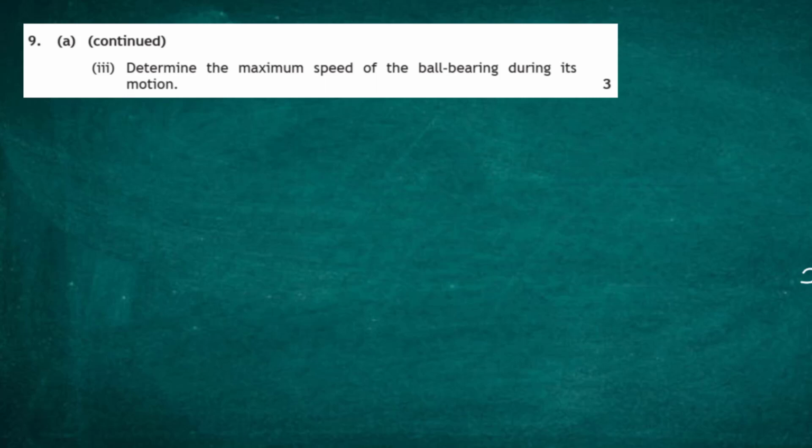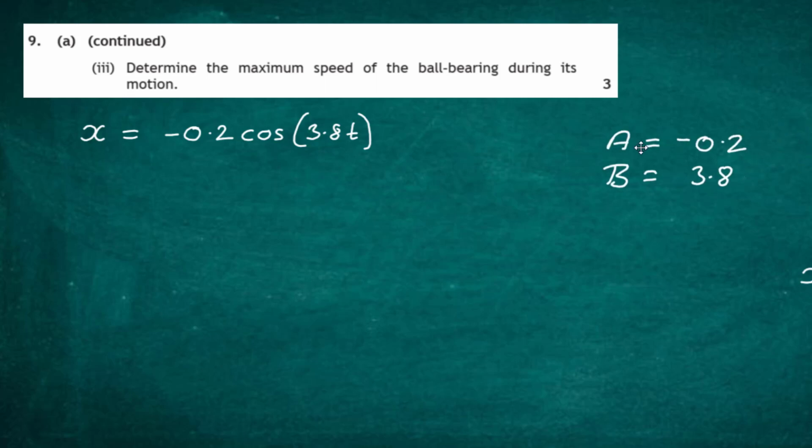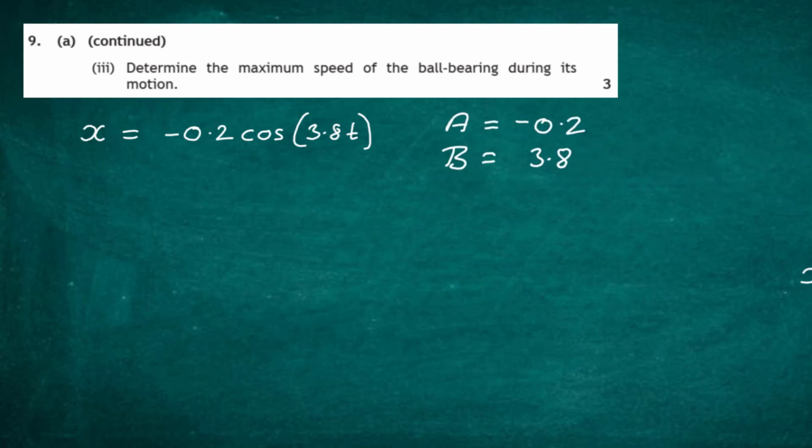Question 9a continued. Determine the maximum speed of the ball bearing during its motion. This is for 3 marks. Now we already have this equation here, where the displacement x is equal to minus 0.2 cos 3.8t, and we chose to let a represent minus 0.2 and a constant b to represent 3.8.